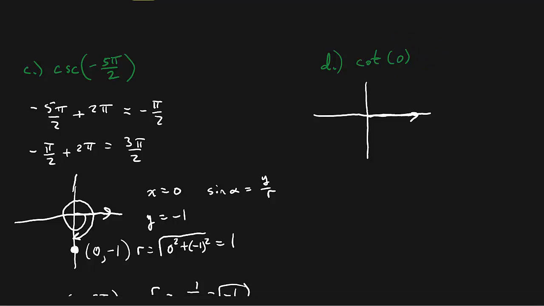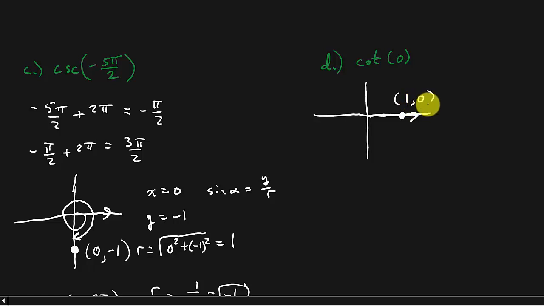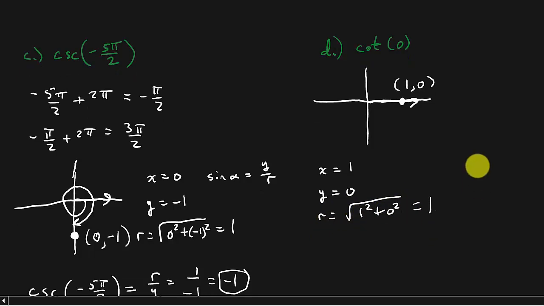It's still we can put our point right here. So this would be the point 1, 0. And once again, you could do 110, 0, or 3.5, 0. It doesn't matter. So I get x is equal to 1, y is equal to 0, and r is the square root of 1 squared plus 0 squared, which is 1.